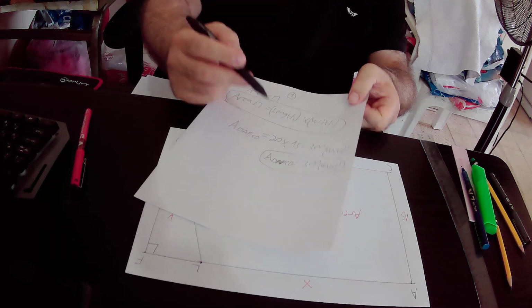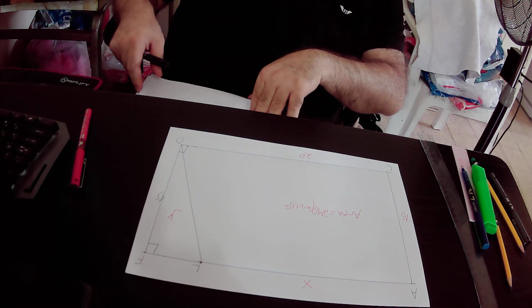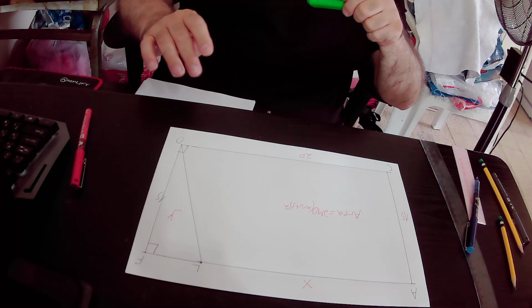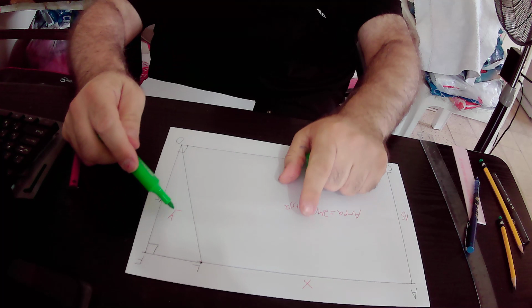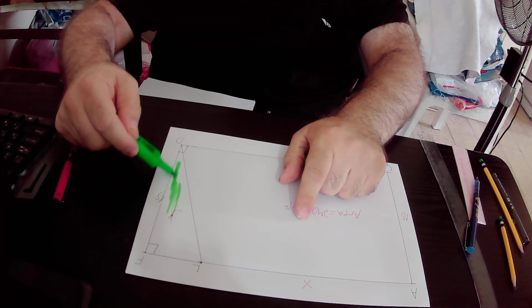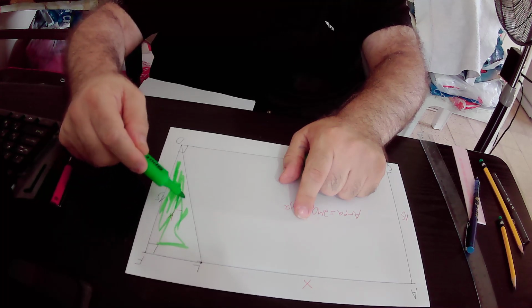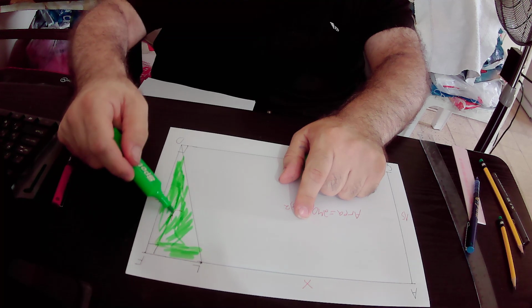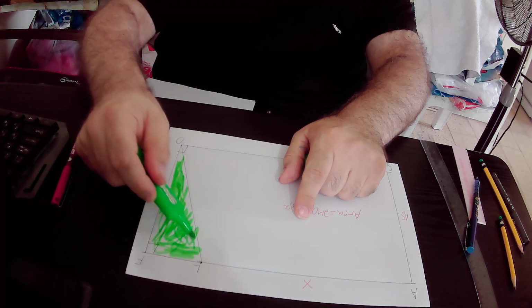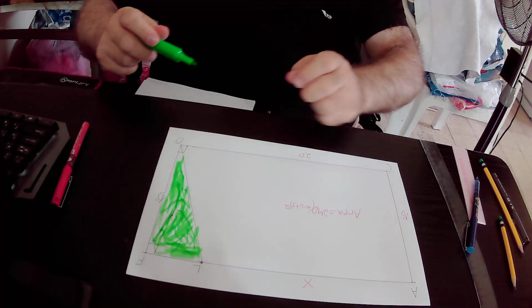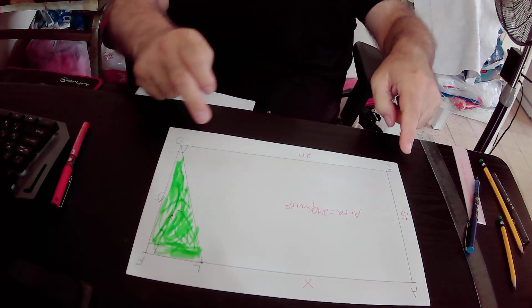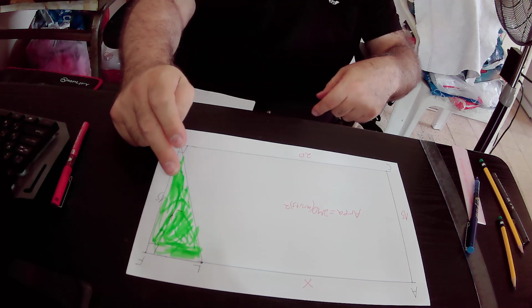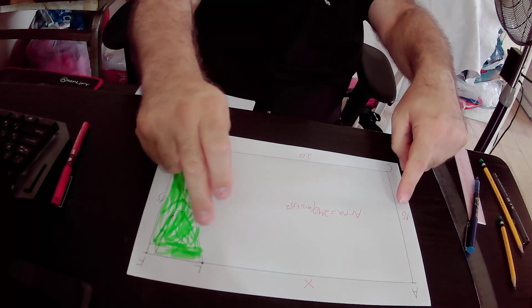Okay, and actually the area of the right green triangle LFD will be equal to the area of the rectangle minus the area of the white shape.